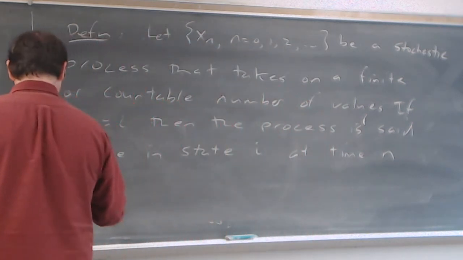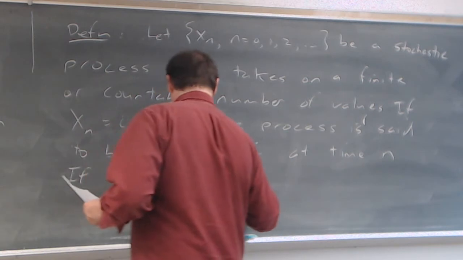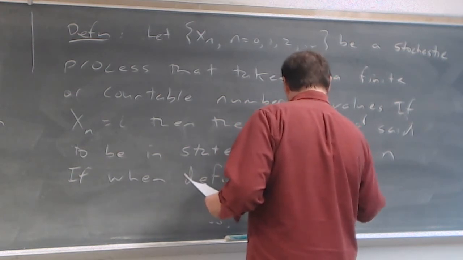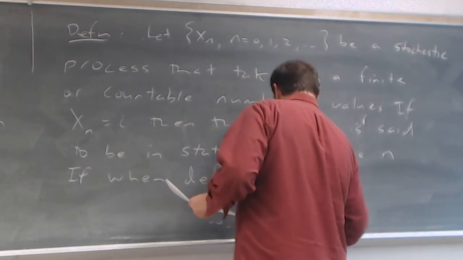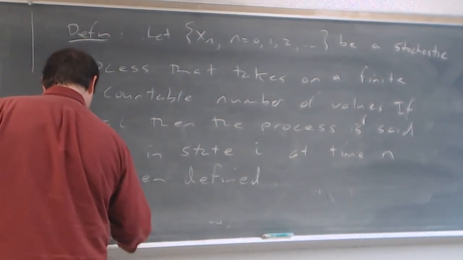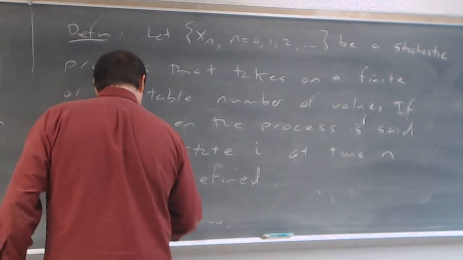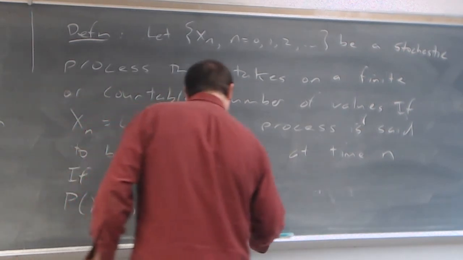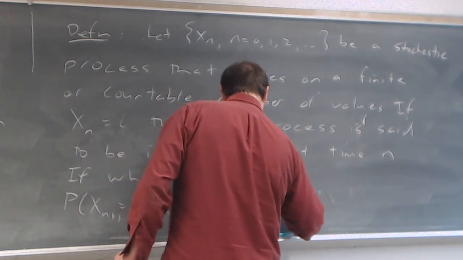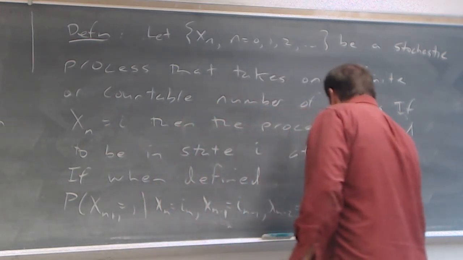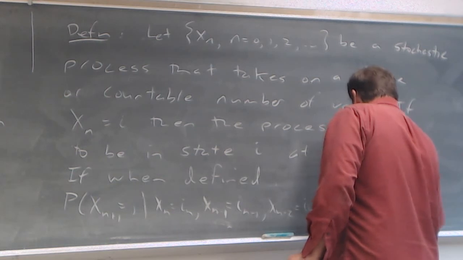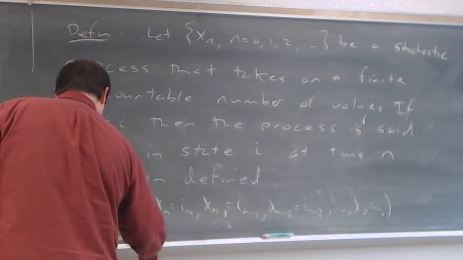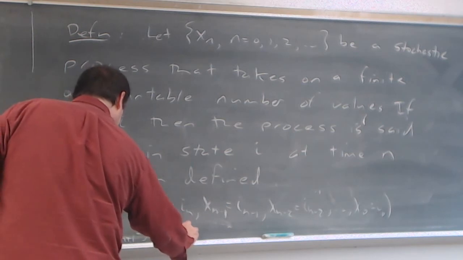If, when defined, the probability of X sub n+1 equals j, given X sub n equals i sub n, and X sub n-1 equals i sub n-1, X sub n-2 equals i sub n-2, all the way down to X sub 0 equals i sub 0, is the same thing as the probability of X sub n+1 equaling j given X sub n equals i sub n.